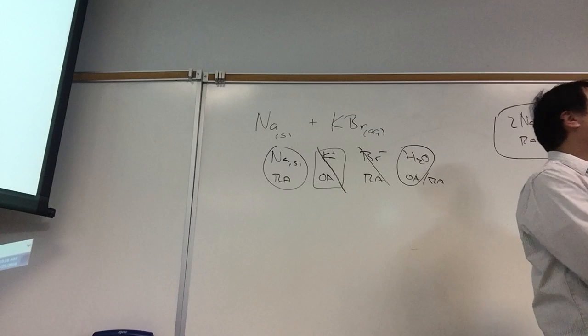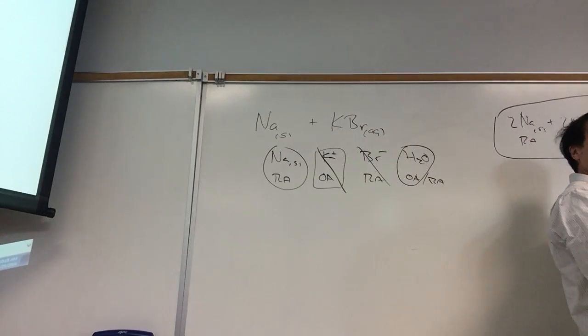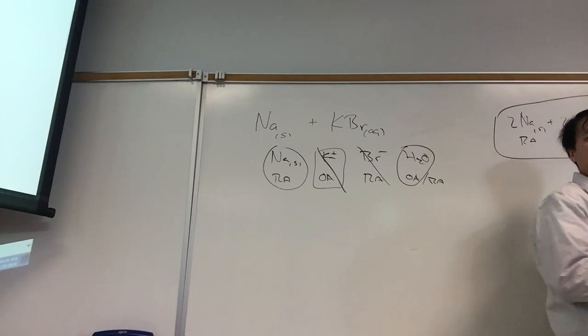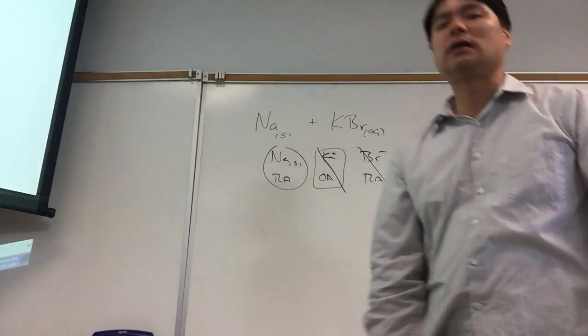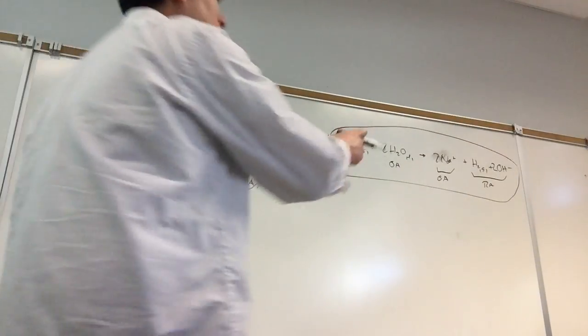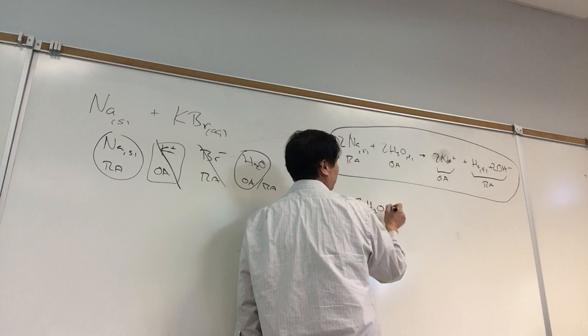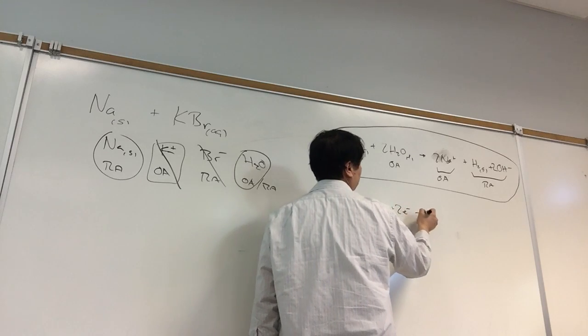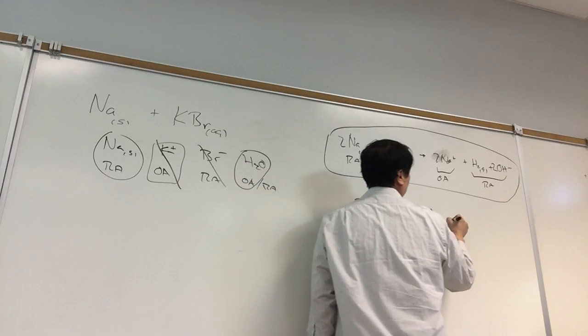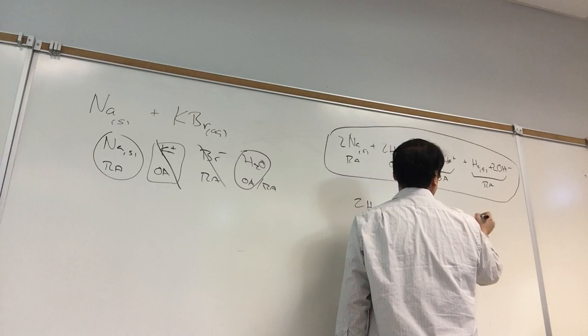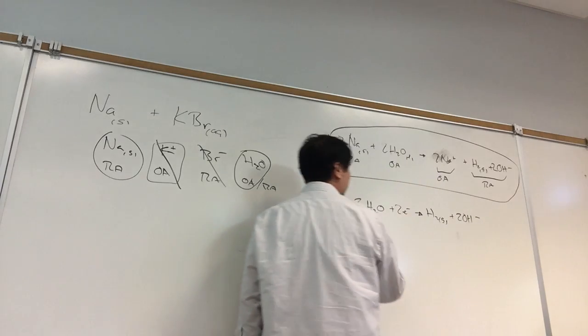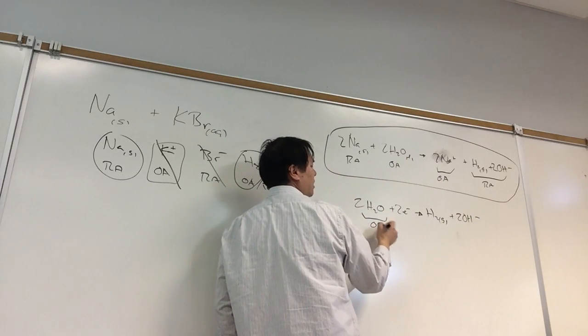It's difficult if you were to just look at the net ionic equation, and would you have been able to assign this like this easily? No, the reason I was able to assign it easily is because of the half reaction. I don't assign it at this phase. I assign it during the half reaction phase. During the half reaction phase, it was 2H2O plus 2 electrons yields H2 gas plus 2 hydroxides. In the half reaction phase, here's my oxidizer.